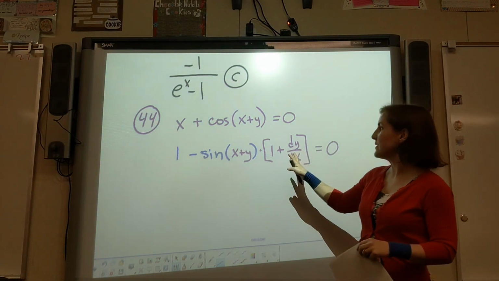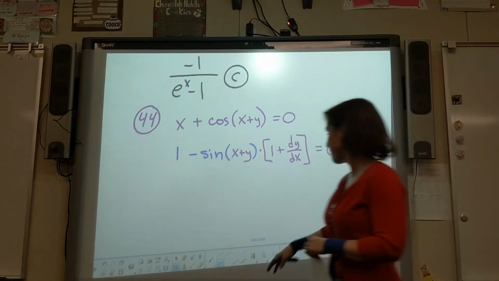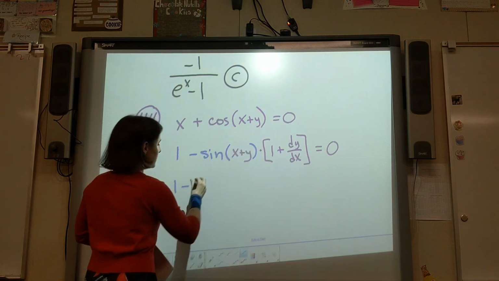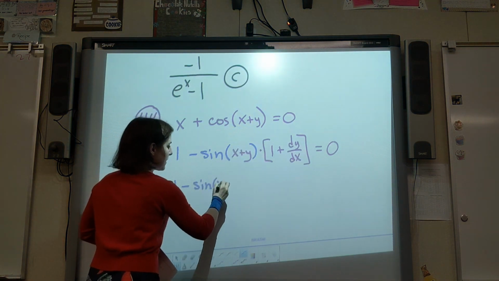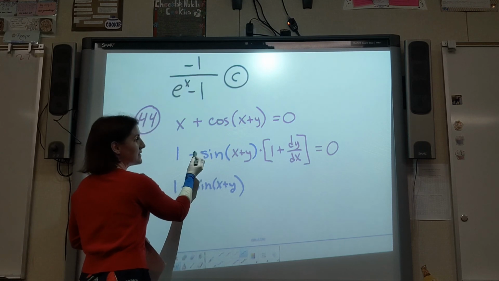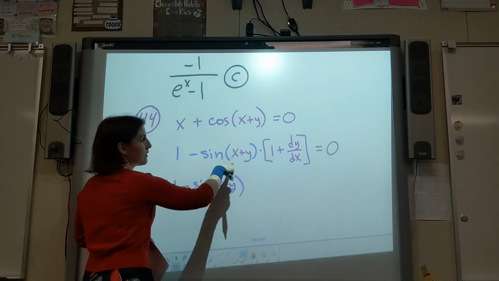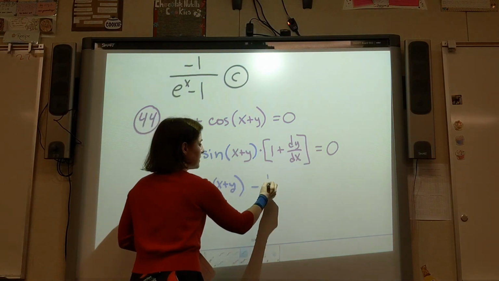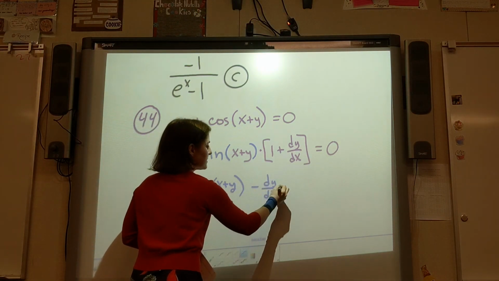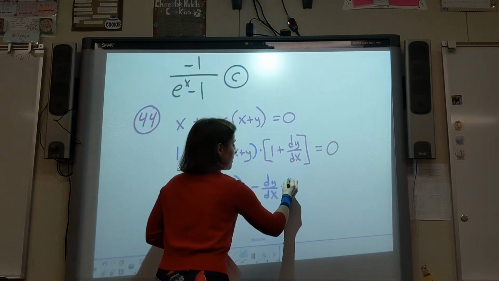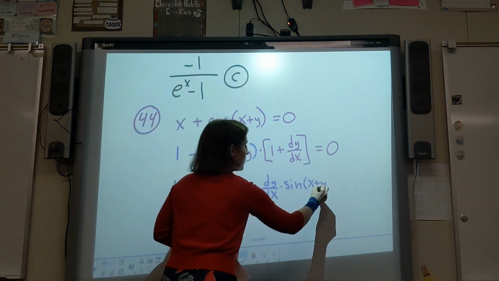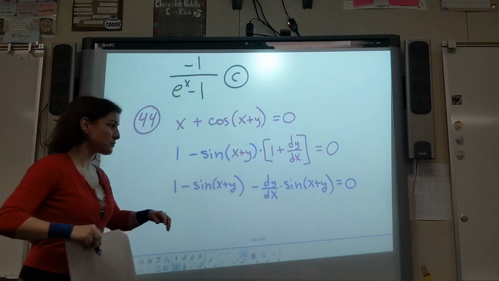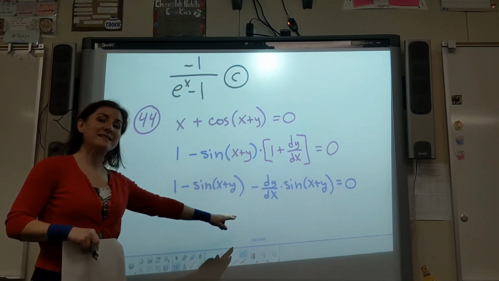I'm going to distribute here. I've got 1 minus, this times 1 is just itself, sine of x plus y. And then minus again, this whole thing is getting distributed to the dy dx. So minus dy dx times that sine of x plus y. Okay. I want to solve this for dy dx.